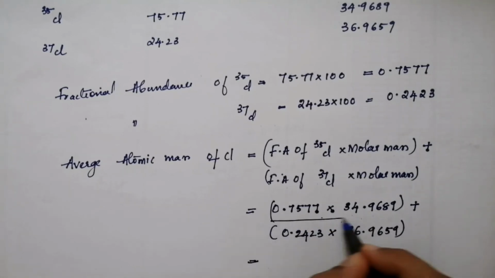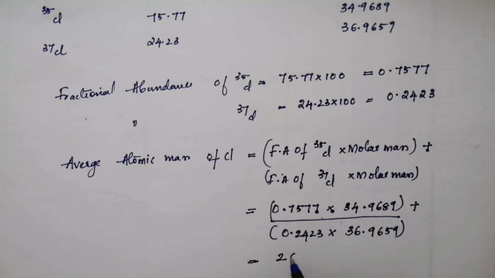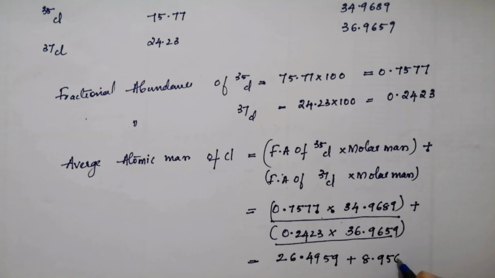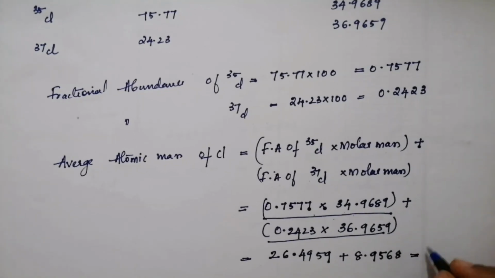So we get this value as 26.4959 and this value as 8.9568. Adding these two together, we have our final answer to be 35.4527. So this is the average atomic mass of chlorine.